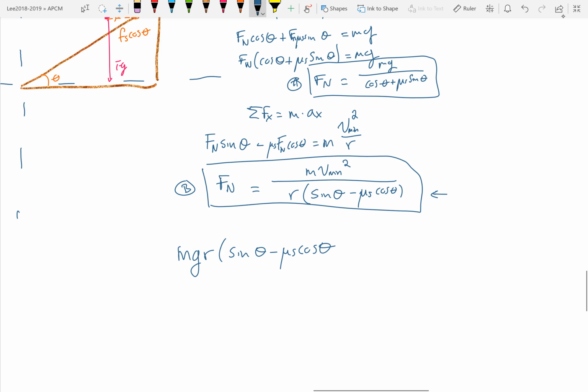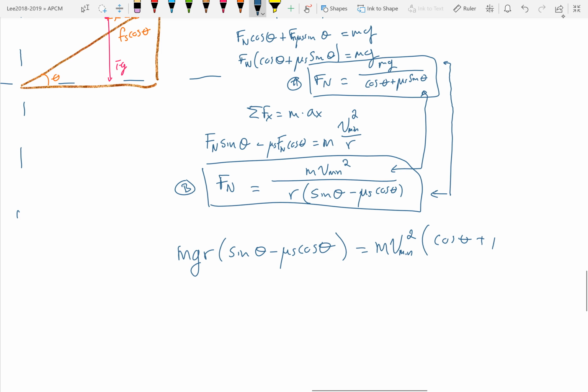I just took downstairs and I brought it and multiplied it by what's upstairs over there. And that's going to be equal to, now what's upstairs, mv minimum squared times this fun stuff, and we're going this way, cosine theta plus mu s sine theta.